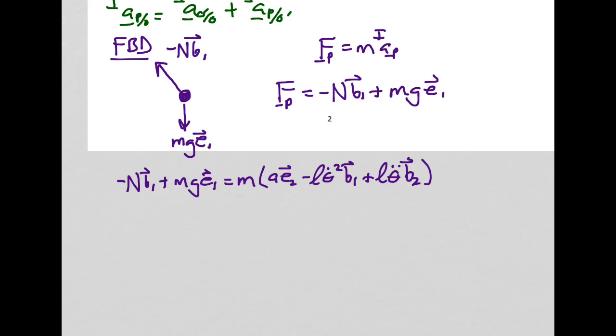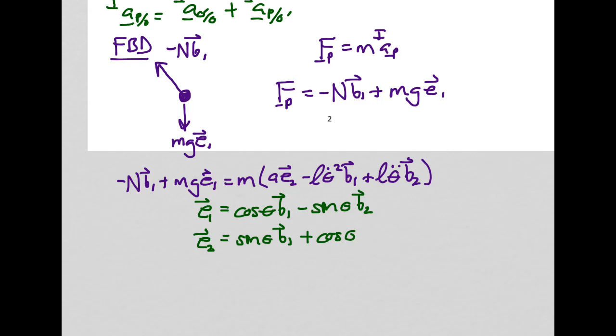So let's write that out. E1 is equal to cosine theta in the B1 direction minus sine theta in the B2 direction, and E2 is equal to sine theta in the B1 direction plus cosine theta in the B2 direction.